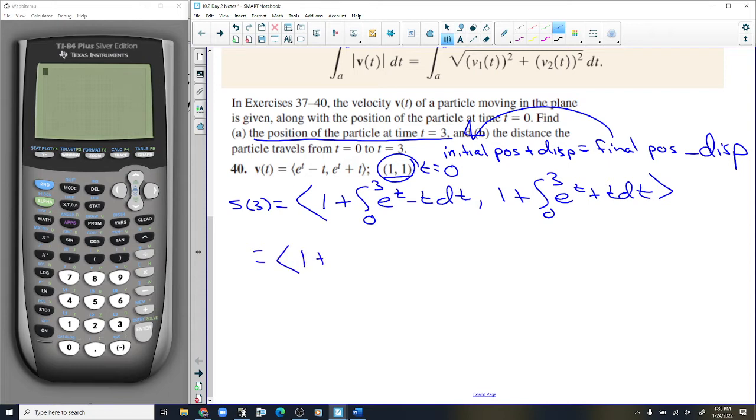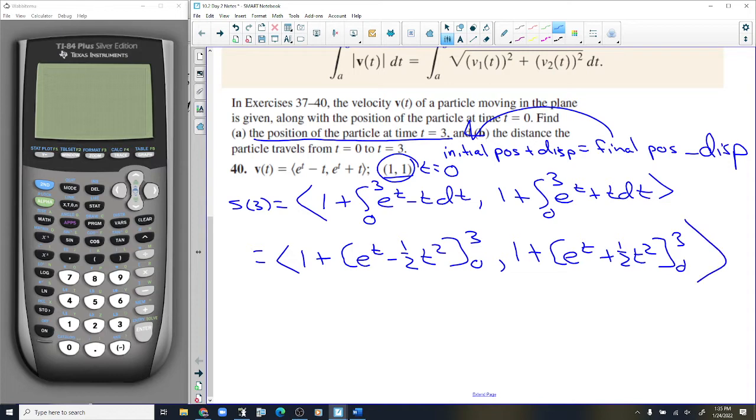Let's do this real quick. e to the t minus 1/2 t squared from 0 to 3. And then 1 plus e to the t plus 1/2 t squared from 0 to 3. So e to the third minus 9/2 minus e to the 0 minus 0, e to the 0 minus 0.